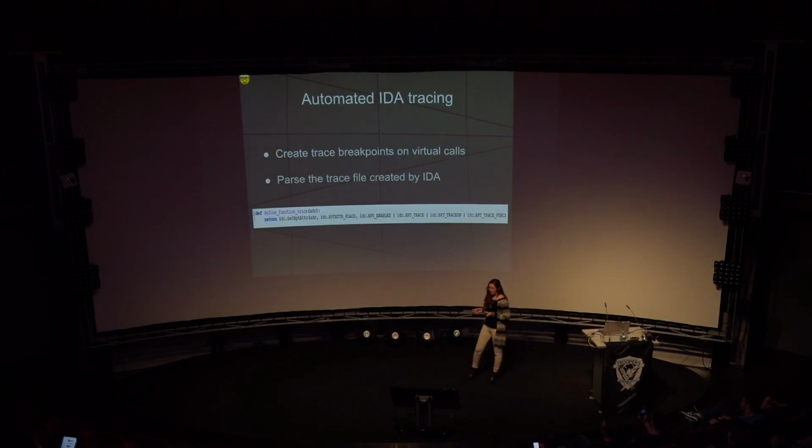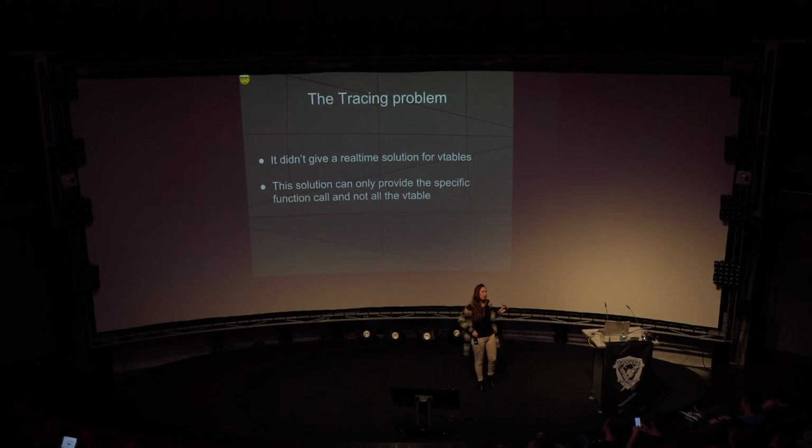So the first thing I thought about is automating IDA tracing. Because IDA already has tracing, we can maybe take this and use IDAPython in order to automate all of this process and create an automated trace. What I want to do is create trace breakpoints on the virtual calls and then parse the trace file that was created, and that's it. But there was a problem.